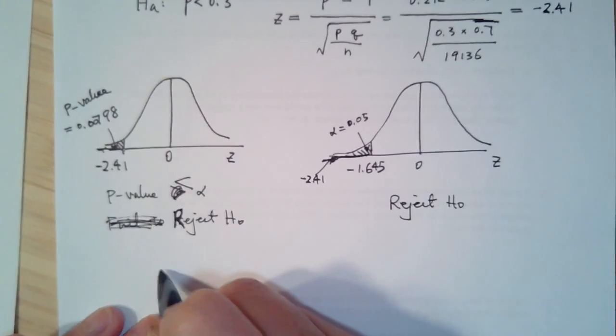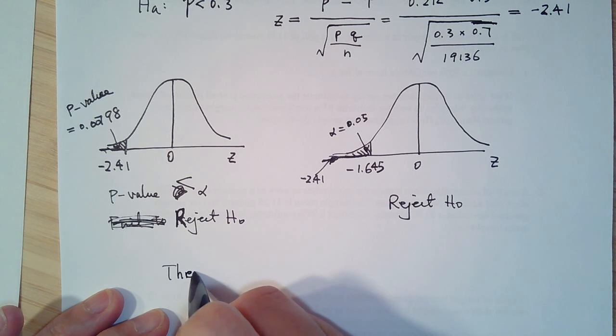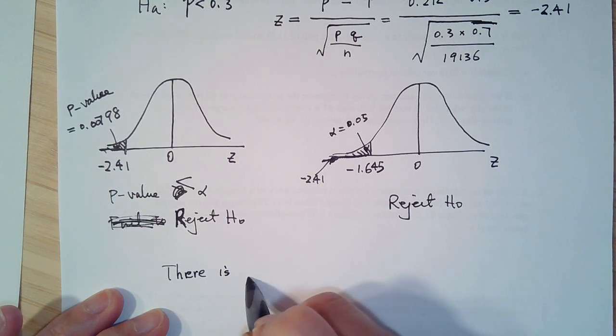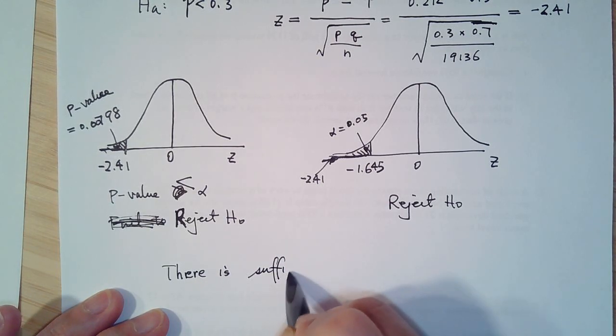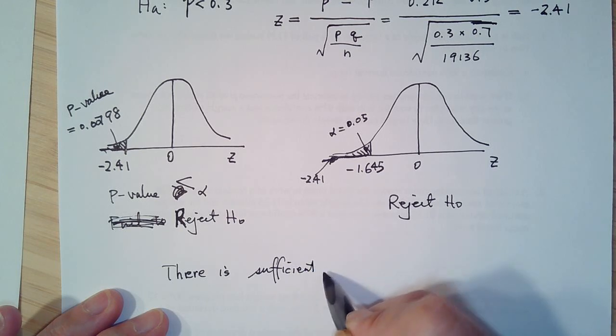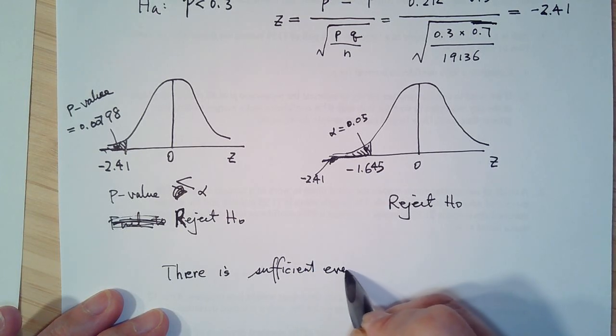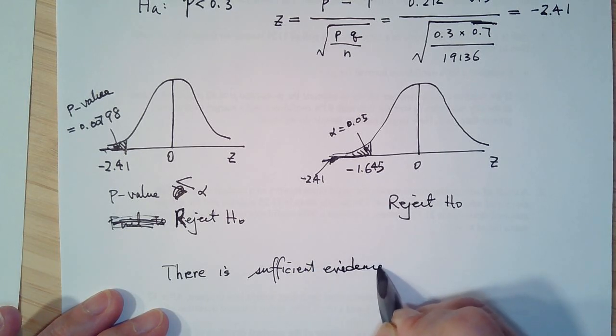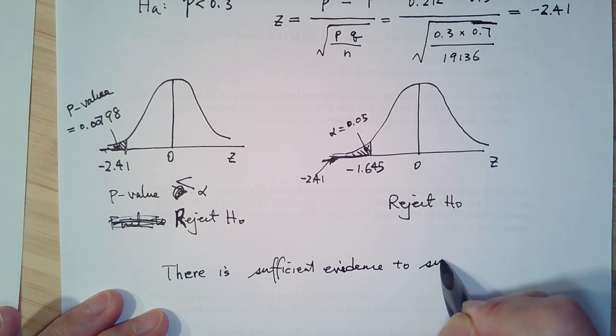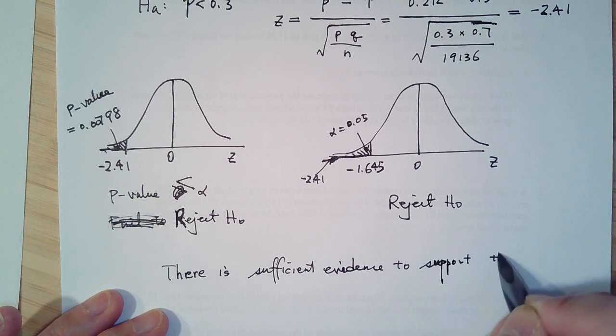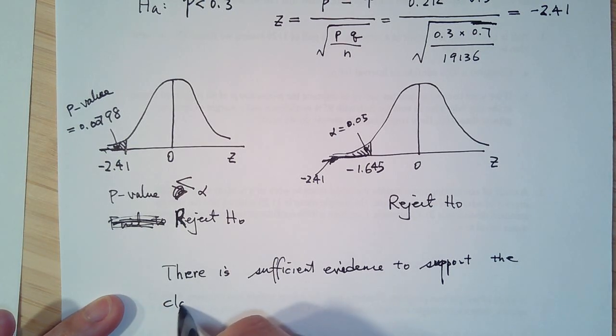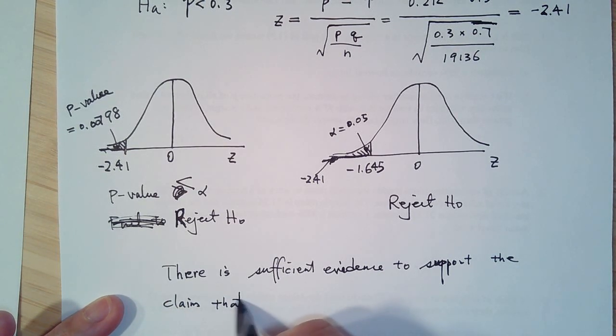Okay, so you go down here and say, there is sufficient evidence to support the claim that, and the original claim says fewer than, right?